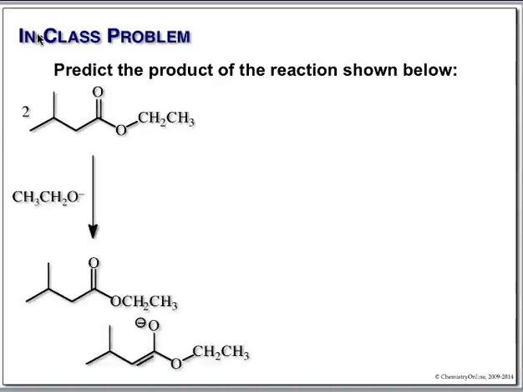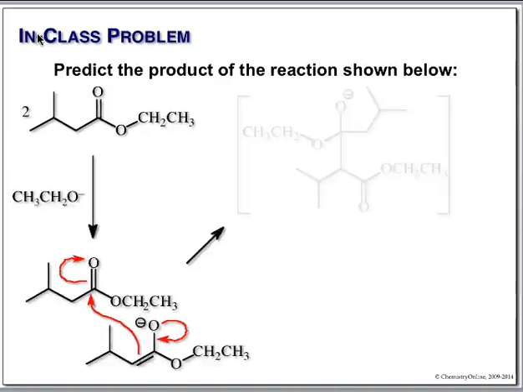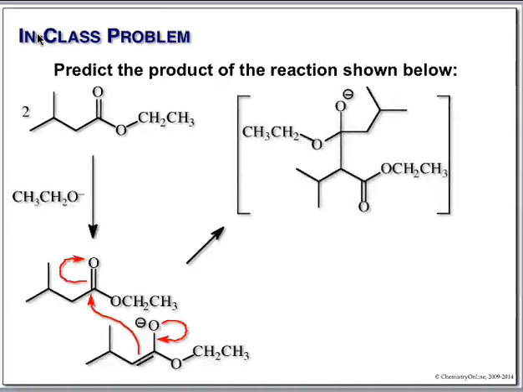And it's going to give us a tetrahedral intermediate. This collapses, electrons move up, and our tetrahedral intermediate looks like that.